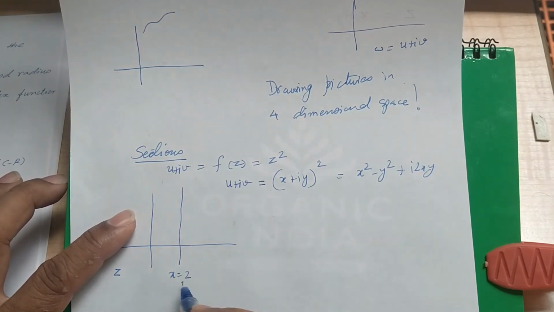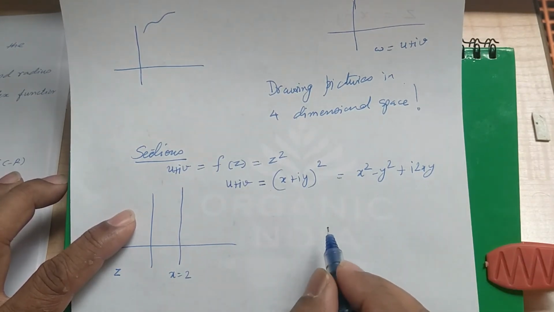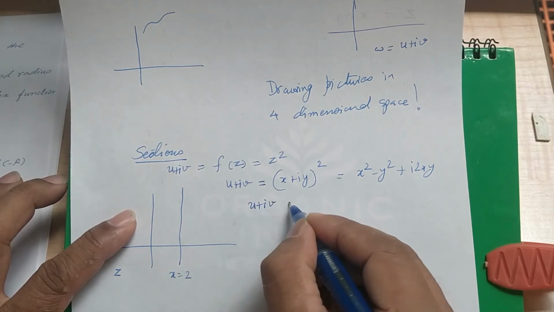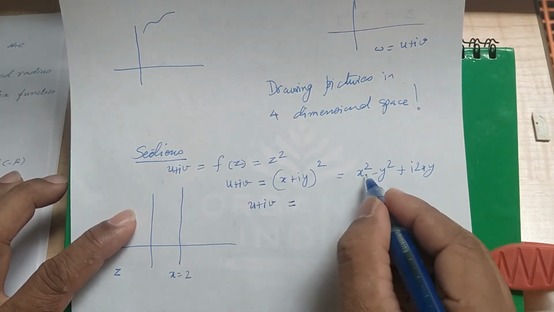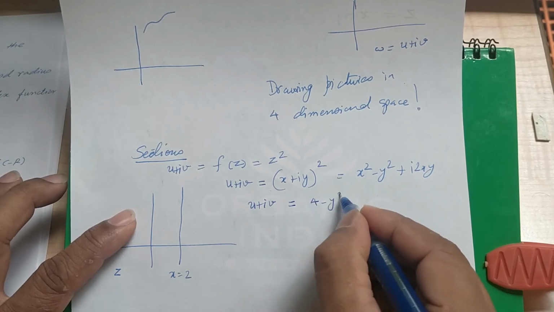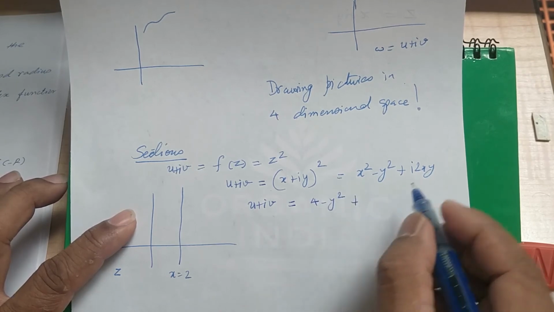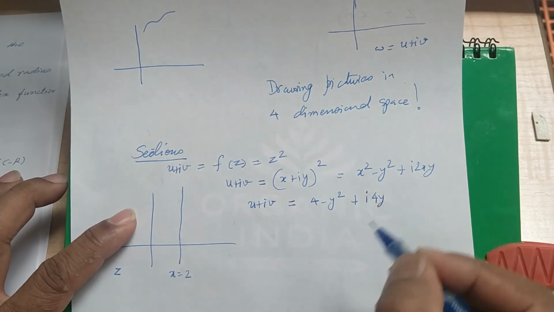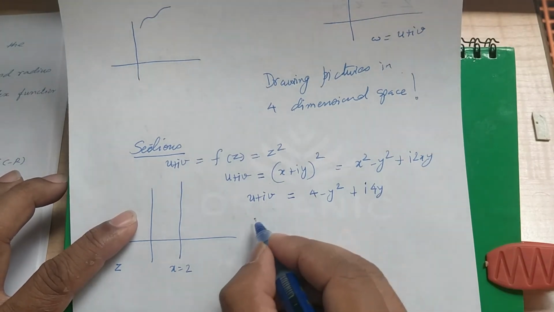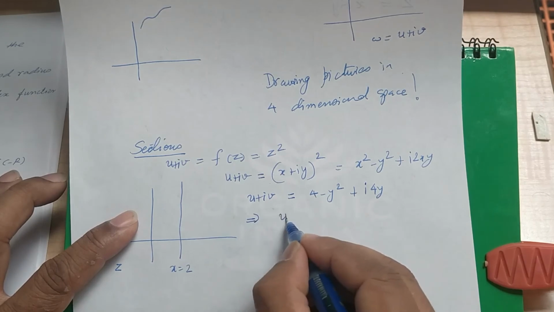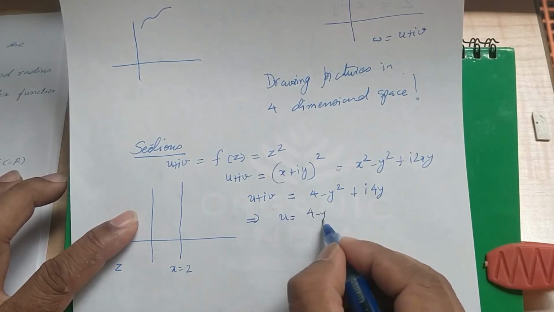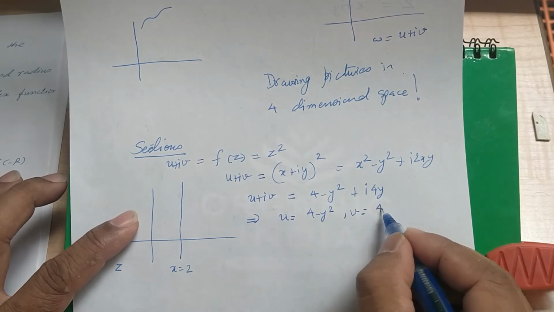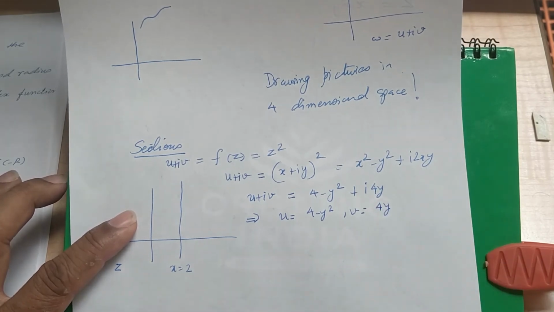When you put x equal to 2 in this, u + iv becomes 2² − y² + i·2·2·y, that is 4 − y² + i·4y. This means that u should be equal to 4 − y², and v should be equal to 4y.